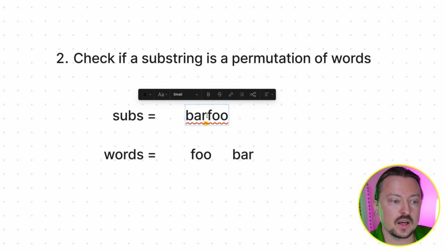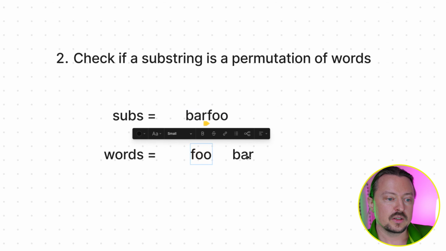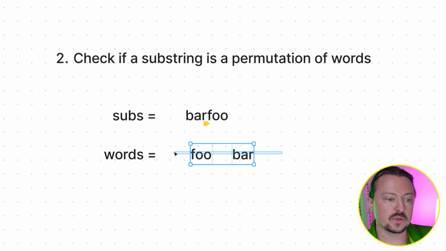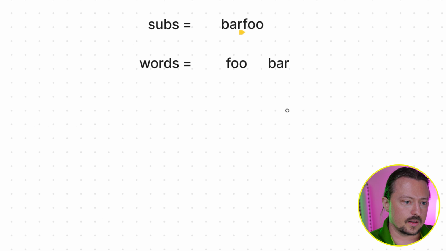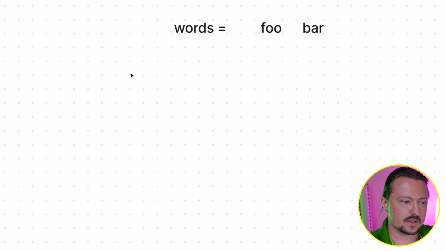If you break up into equal length segments, you get all the words in the substring. And then all you need to do is count all the words. And if those counts match what you expect to find from your list of words, you're done. You found a match. You don't need to do any permutations or anything. Just compare the counts.